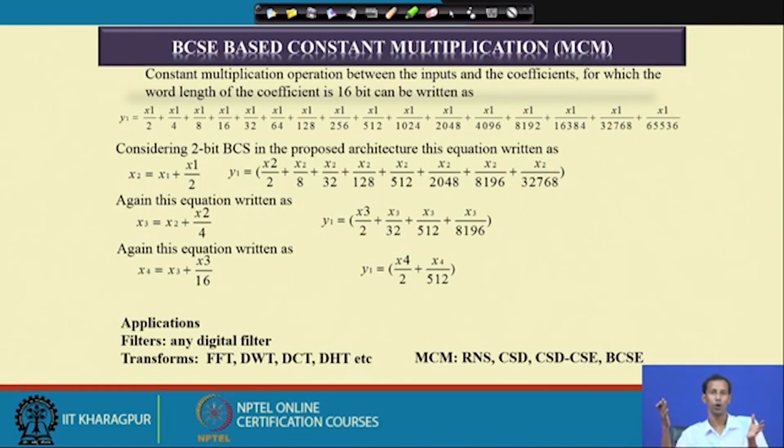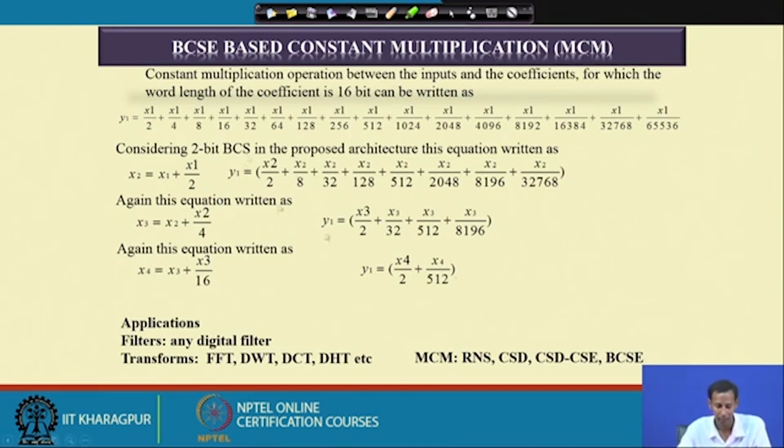If the length of this BCS is more, then the number of terms in the later case will be reduced by that factor.